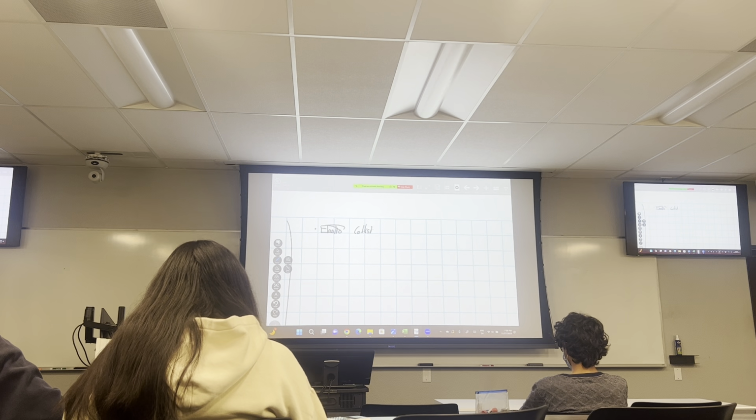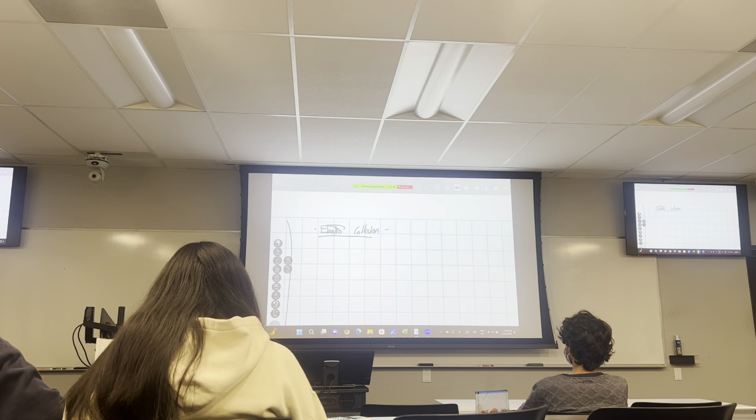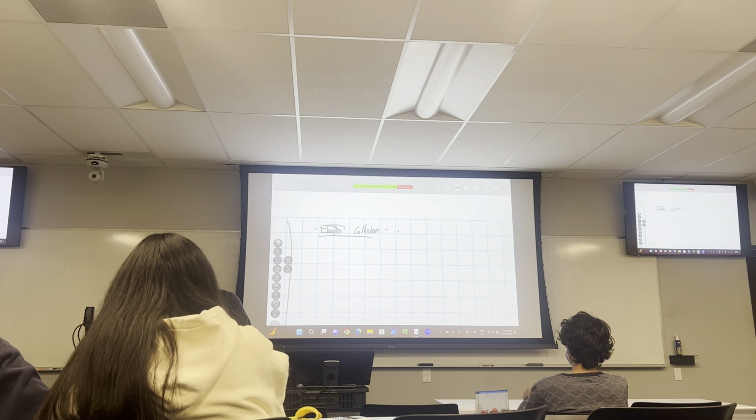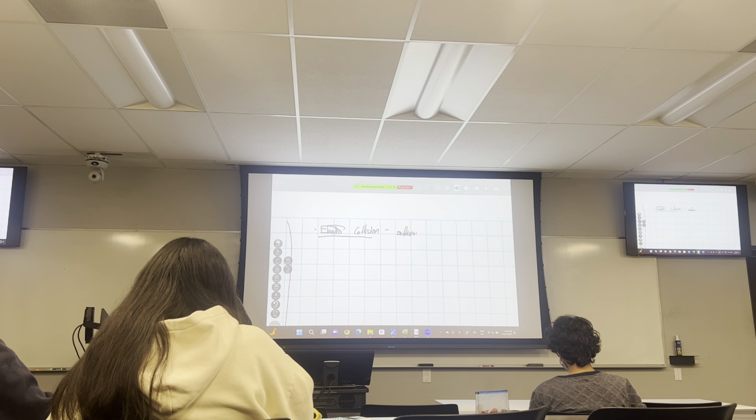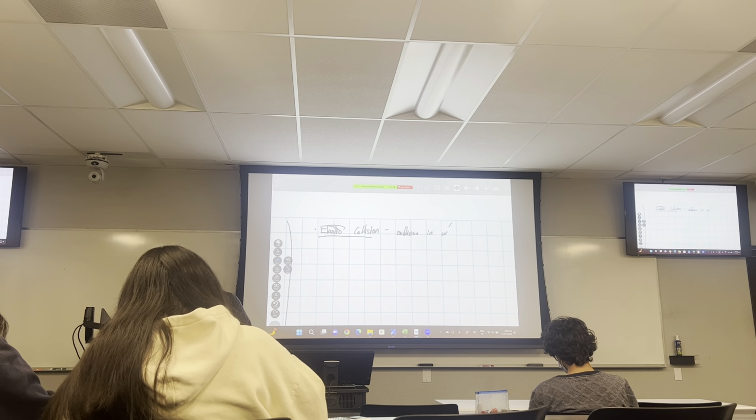A collision is said to be elastic if it is a collision in which mechanical energy is conserved.